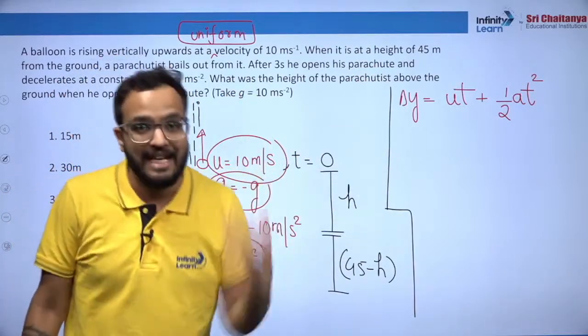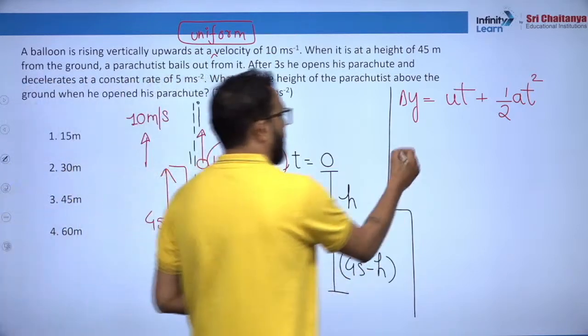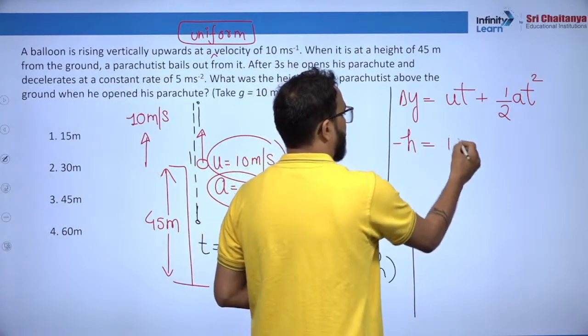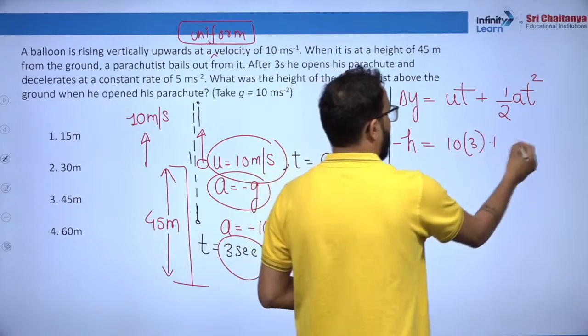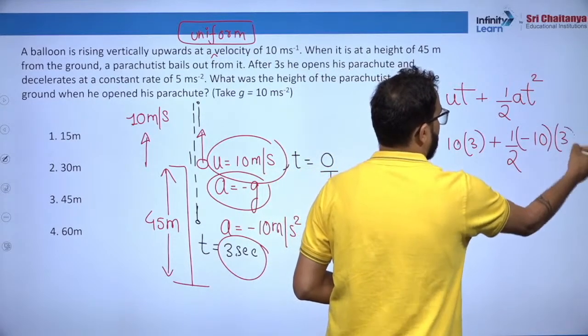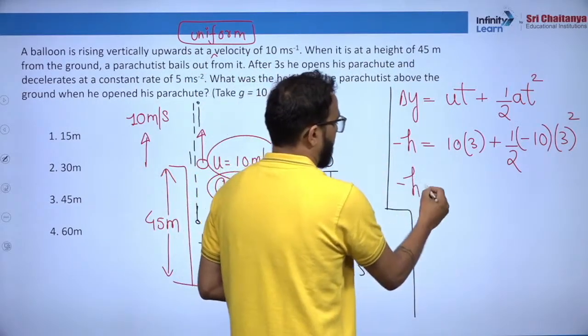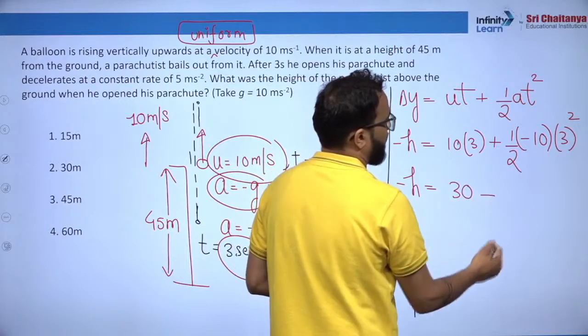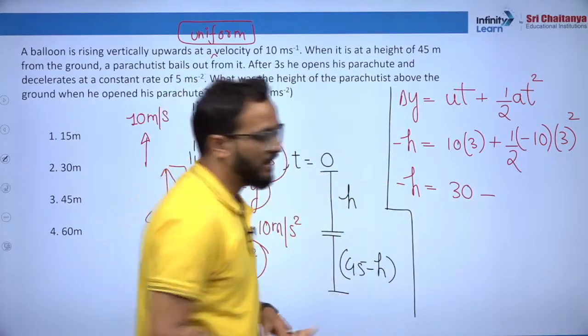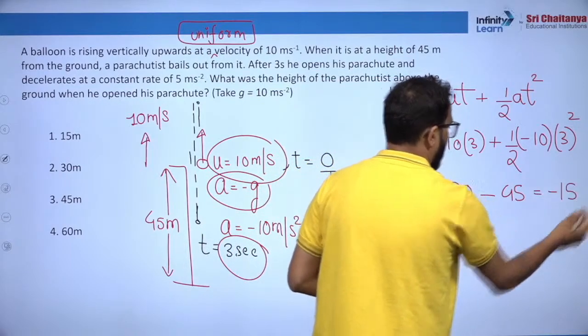It is going to be minus h, because the displacement is downward, so it's going to be negative. So minus h is equal to 10 into 3 plus half into minus 10 into 3 square. How much is this going to be? Minus h is equal to 30 minus 45. The answer will be minus 15.